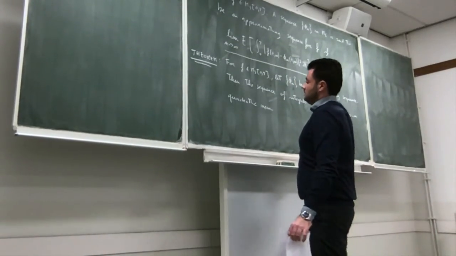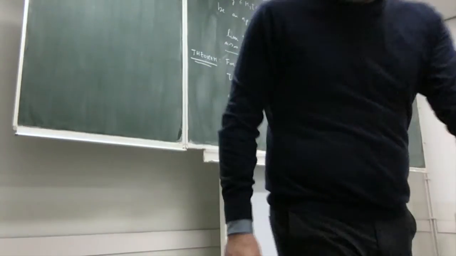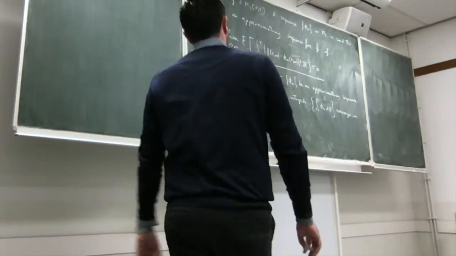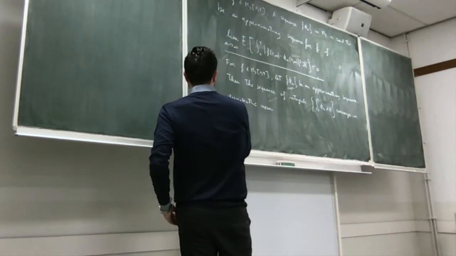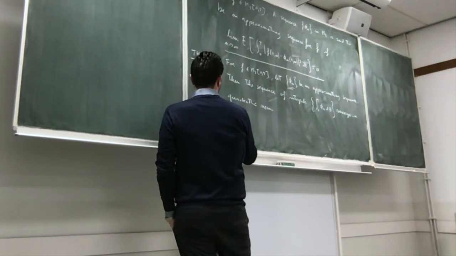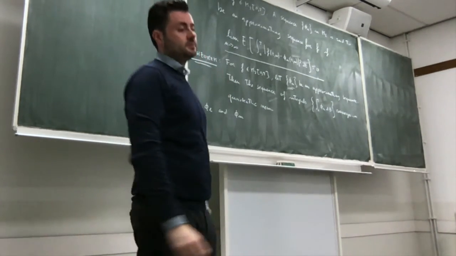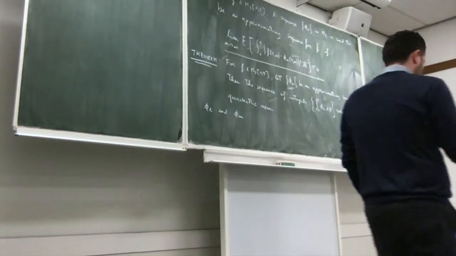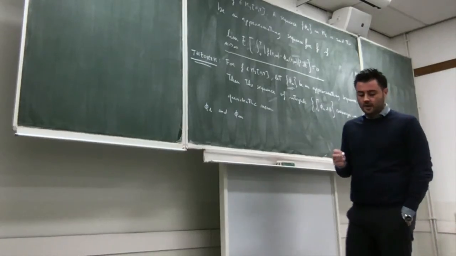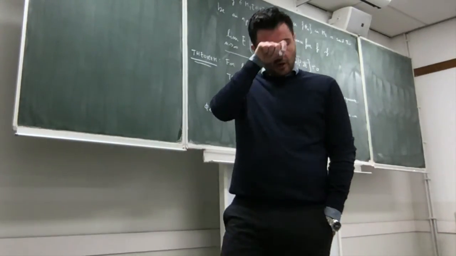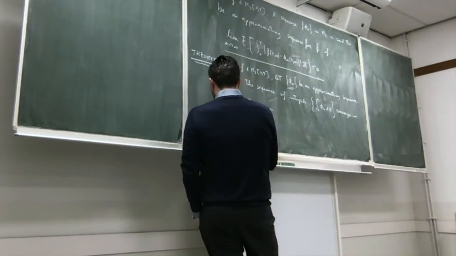How can we do that? I can take two elements of my sequence phi n. So take two elements, phi L and phi m, of the sequence, and assume that L and m are different, obviously. Now, what can we do? Let's consider this quantity.